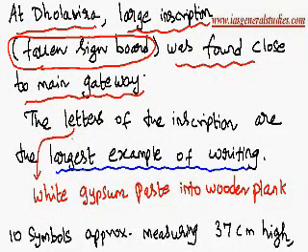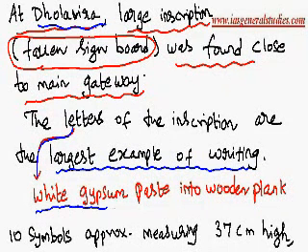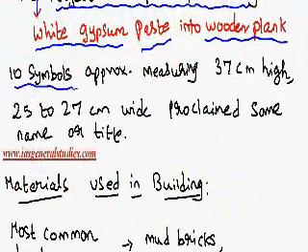These letters were written using white gypsum paste on a wooden plank. Clear? And 10 symbols were found in that inscription.